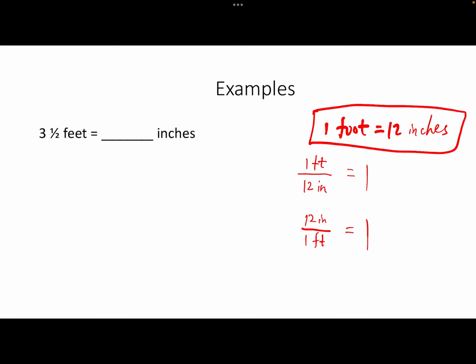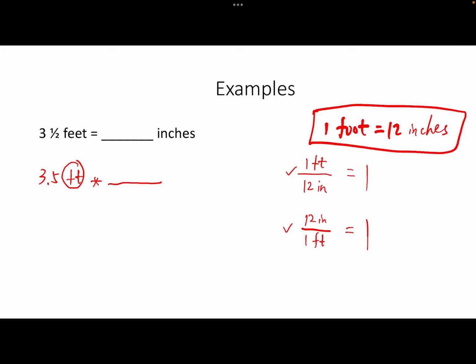Now let's look at this. 3.5 feet. Let me write it as 3.5 feet, and then we need to multiply by the conversion factor. Which goes on the numerator and which on the denominator? In other words, we need to use this one or this one as the conversion factor. The key is this: we do not want the foot anymore.